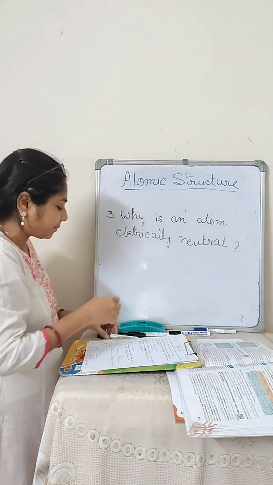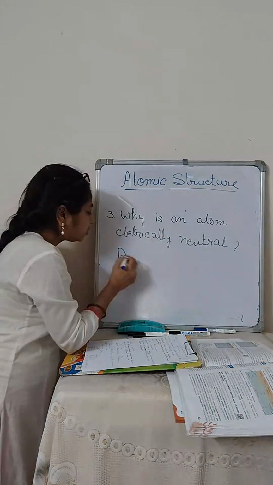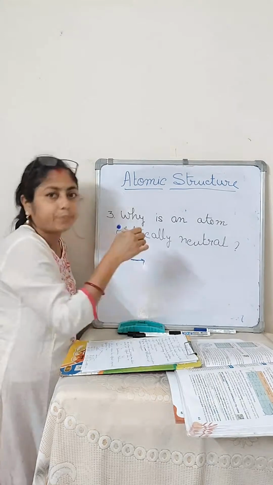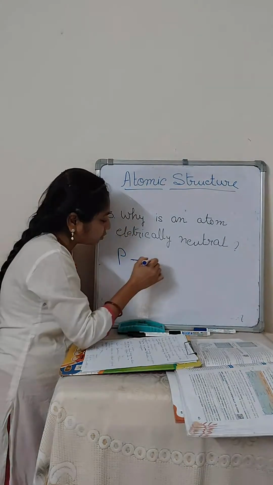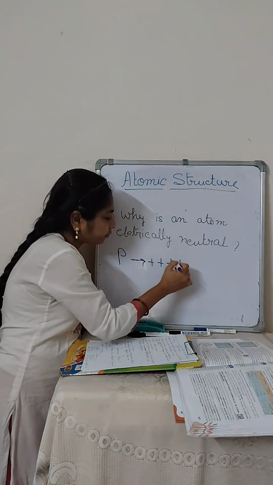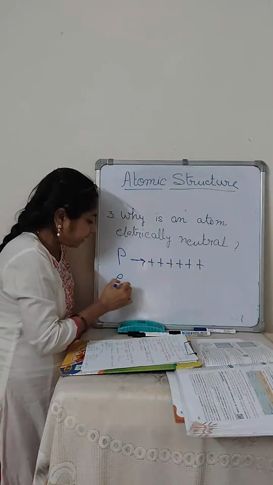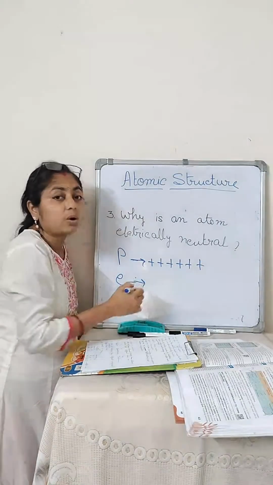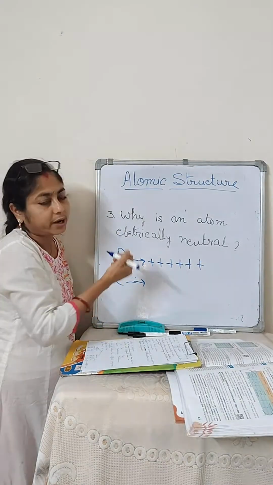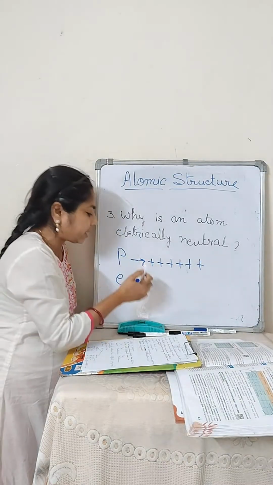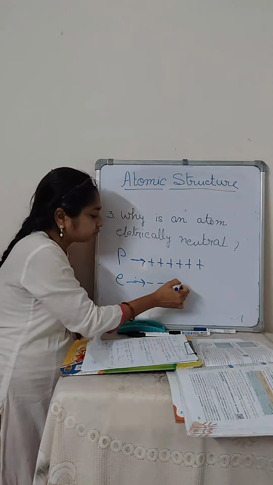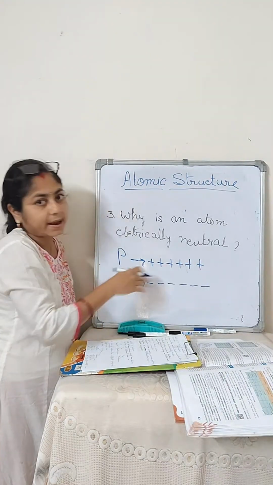Now I give an example. Suppose an atom has 6 protons, 6 positive charges. I know in the atoms protons and electrons are the same, so the electrons are 6 negative.